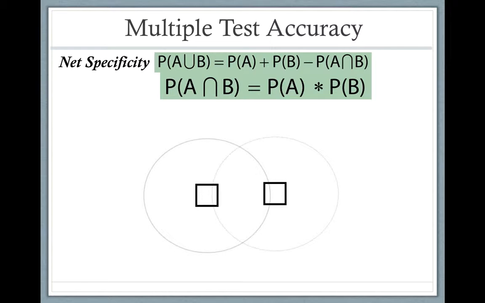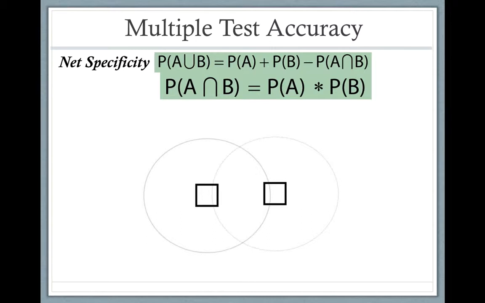So in the simultaneous case, for net specificity, we're going to use the AND function, and it's going to be the probability of testing negative for both tests, which is equal to the chance of testing negative for the first test, the specificity of 1, times the chance of testing negative for the second test when you don't have the disease, which is the specificity for test 2.